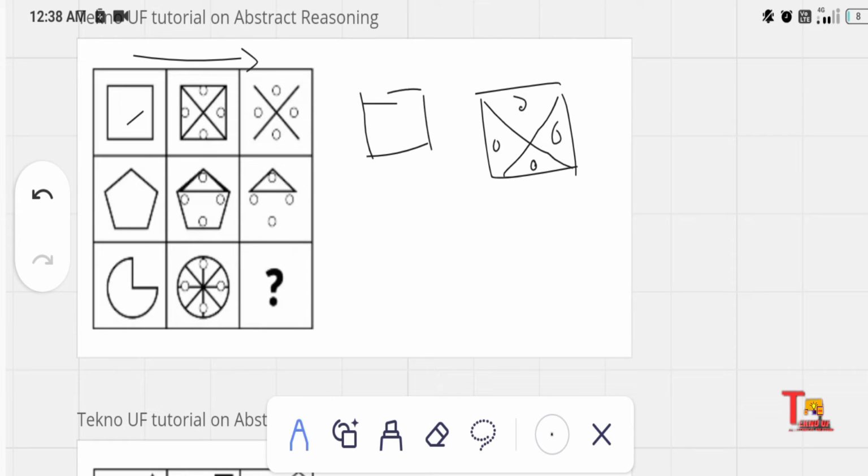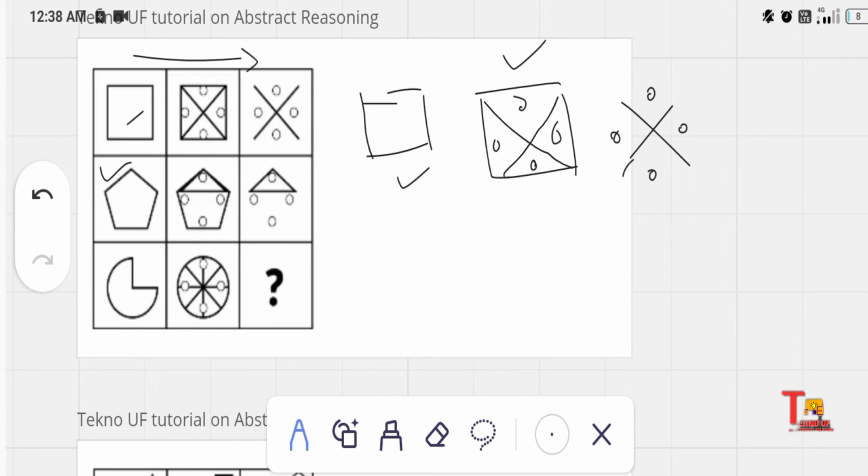And in the third box, the part which was added in the second column remains here, but the first box figure was omitted, right? It is maintaining the same manner.